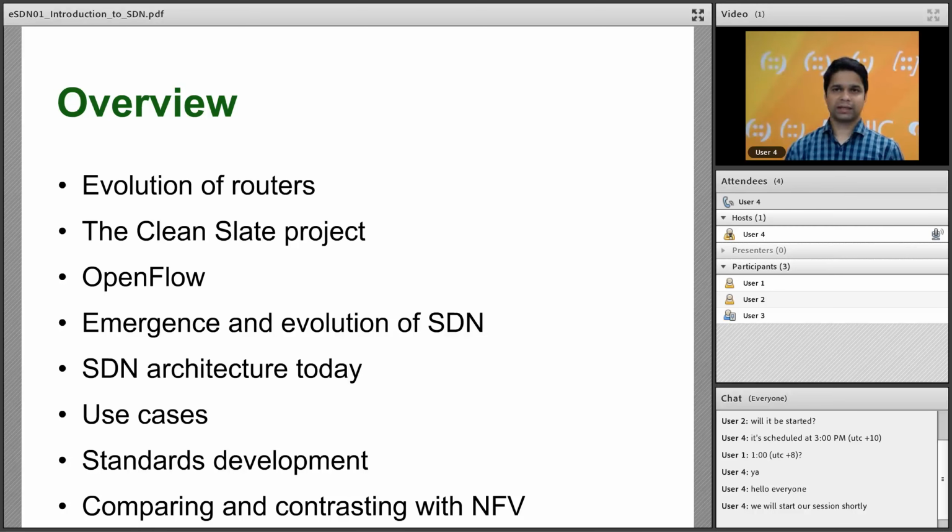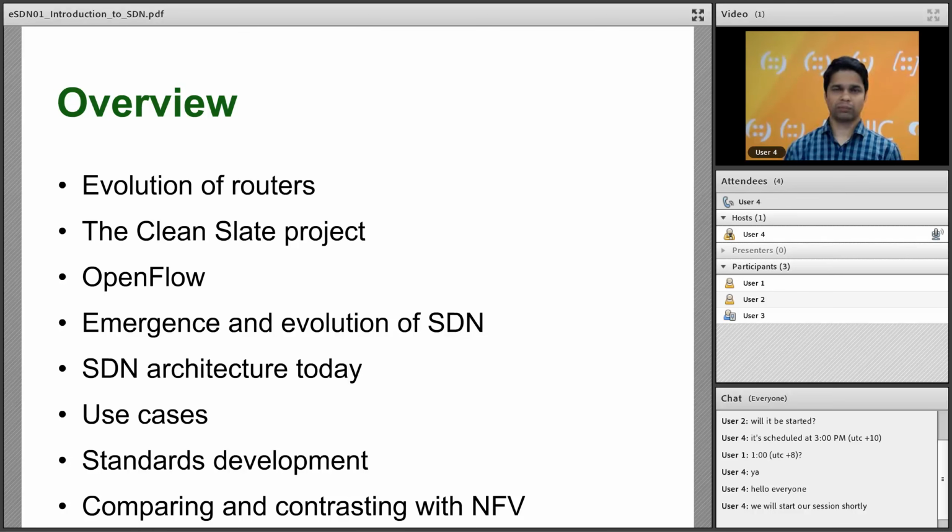We'll touch on the Stanford Clean Slate project, in particular the development of OpenFlow, and we'll look at the different SDN architectures that are being adopted now, together with the key use cases. We'll also touch on the SDOs, also known as Standards Development Organizations, that are involved in SDN standardization efforts, and two key open source SDN projects.